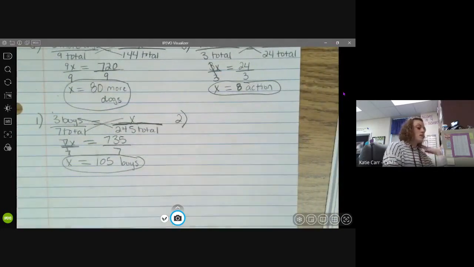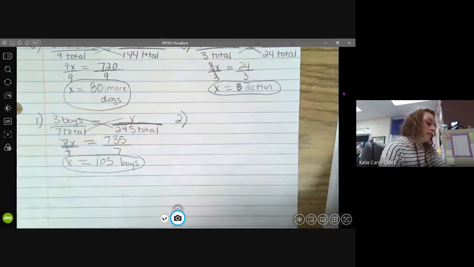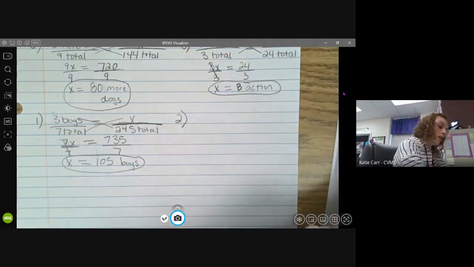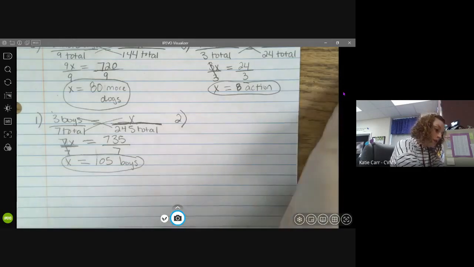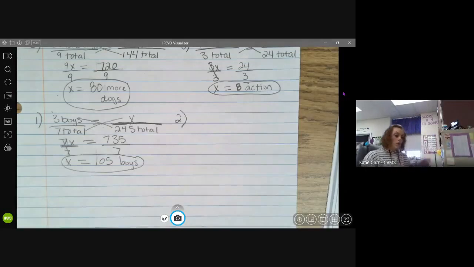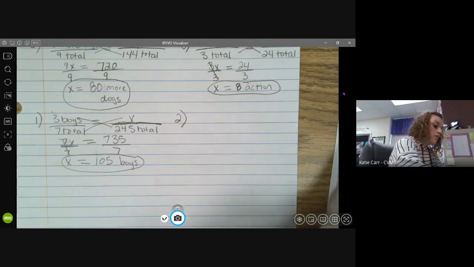So Stan's Steakhouse has a server to cook ratio of 5 to 2. So we already have a ratio there. The total number of servers and cooks is 42. So I have a total here of 42 of both of them. It says server to cook is 5 to 2.